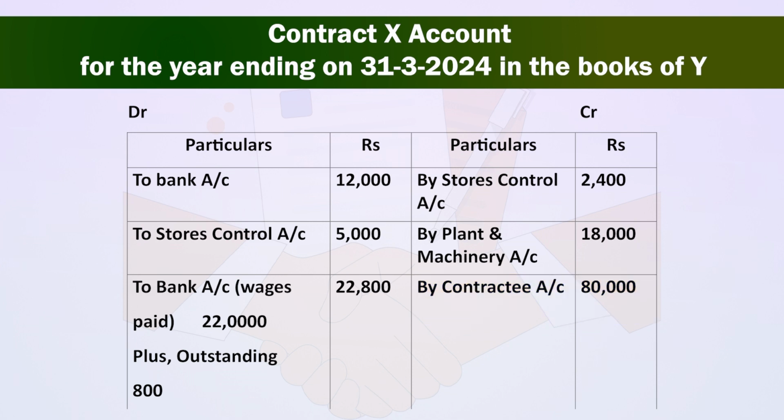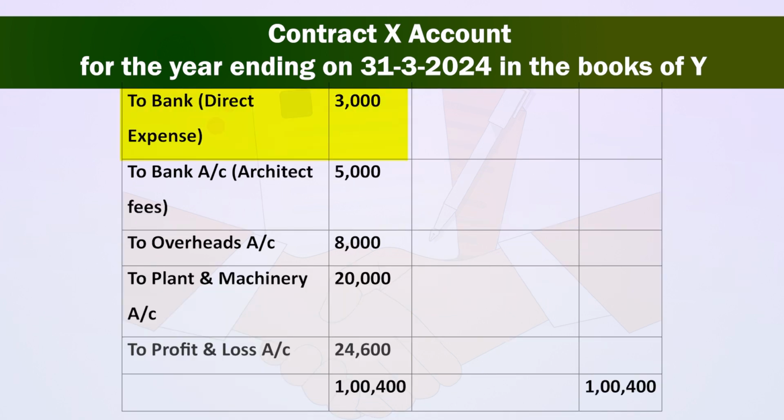And on debit side, we have first entry to bank account rupees 12,000, to stores ledger control account rupees 5,000, to bank account for wages paid 22,000 plus outstanding 800, giving figure of rupees 22,800 in outer column, to bank account for direct expense rupees 3,000, to bank account for architect fee rupees 5,000, to overheads account rupees 8,000, to plant and machinery account rupees 20,000, and the profit of this account is transferred to profit and loss account.